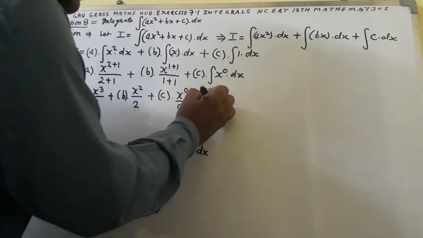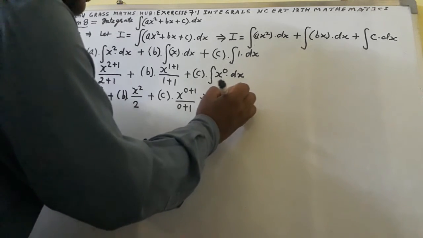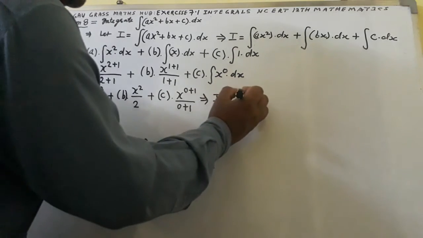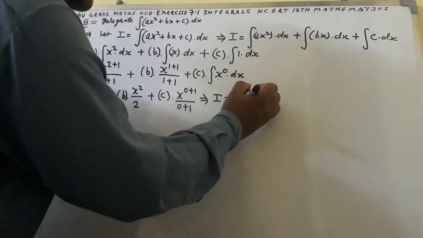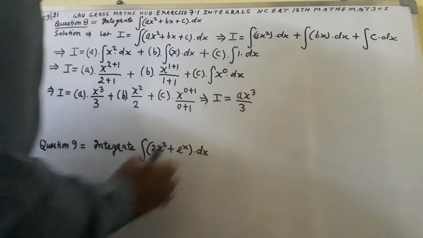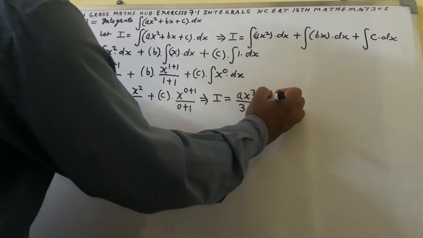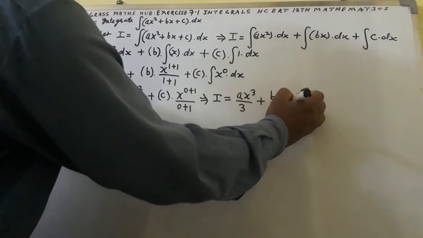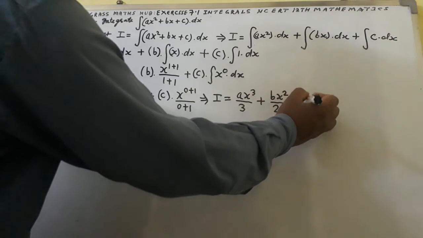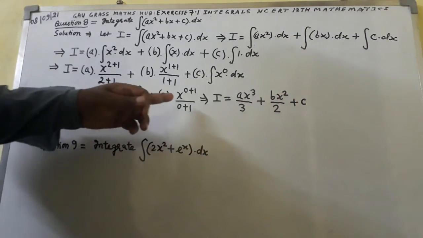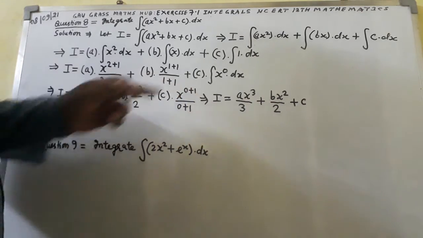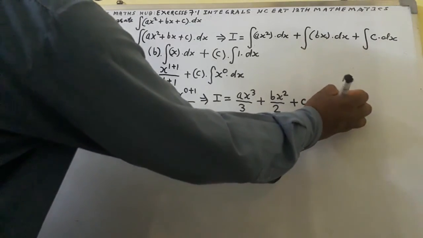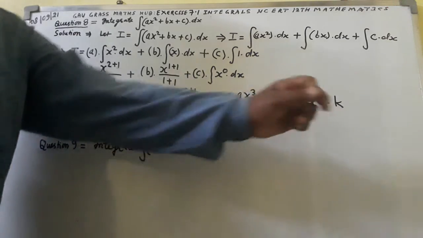Implied that I equal to a will multiply to x cube comes out to be ax cube whole over 3 plus bx square whole over 2 plus c, here x raised to the power 0 plus 1 comes out to be x, plus k, small k. Here small k is a constant.